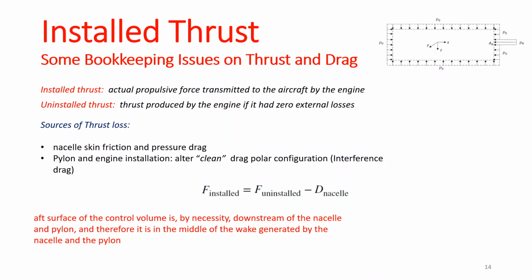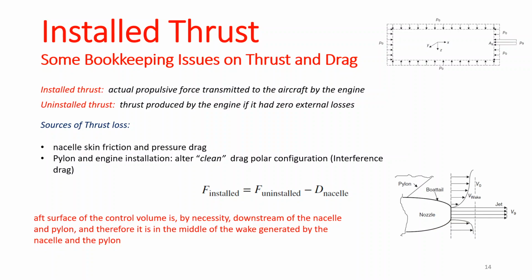So the mass flow coming in is not going to be as smooth as we have assumed, right? Does this make sense? So it is going to affect everything essentially, whatever is coming in and going out.